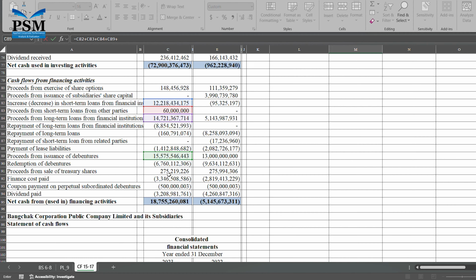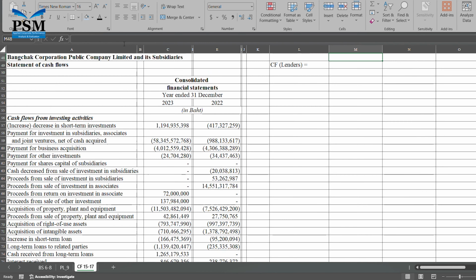These are the numbers we have to take. The other numbers are related to shares. All these numbers are positive, meaning the company has borrowed. We have to change them to negative because they were borrowed from the lender. The lender has paid, it's a cash outflow to the lender. We multiply by -1, so it becomes a negative number.